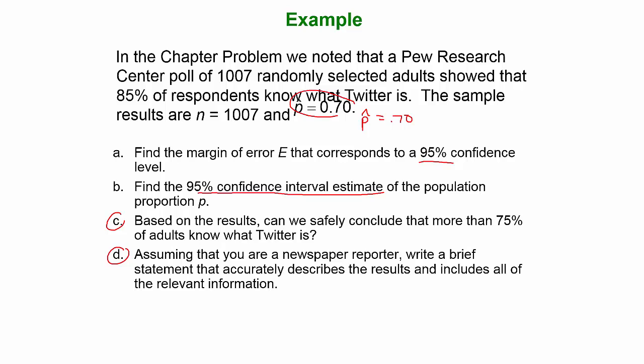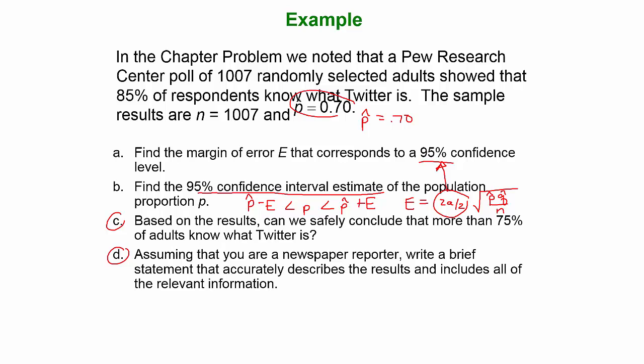So when the problem says do a confidence interval estimate, then we're doing p hat minus E is less than p is less than p hat plus E, where E is critical value z times the square root of p hat q hat over n. So in this problem, we need to search for the critical value z. That comes from the confidence level of 95%, and we can get that from table A2. p hat comes from the sample.